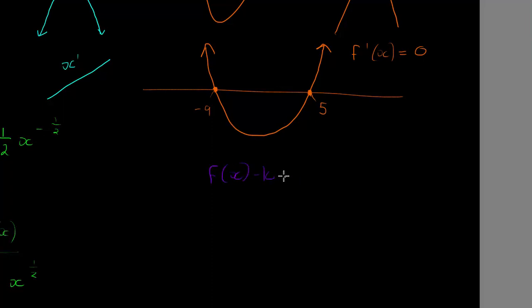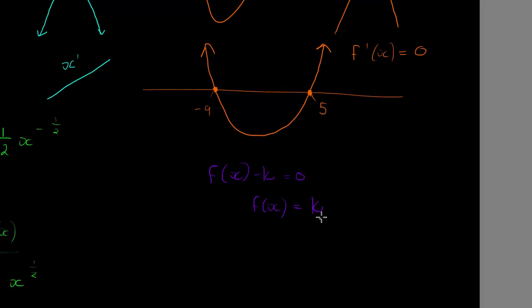If f of x minus k is equal to 0, then f of x is equal to k. It's more helpful to write it like that, because this is just my graph being equal to another graph. How do we find out where two graphs are equal? We find the points of intersection.